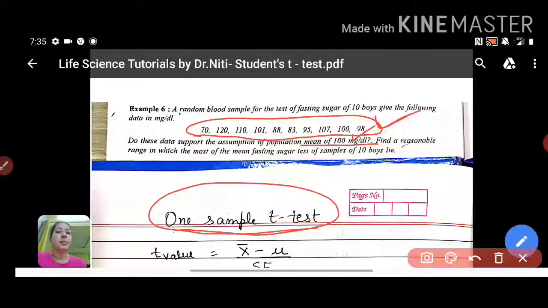Now you also have to find the reasonable range in which most of the mean fasting sugar test of the samples of 10 boys lie. I will tell you this in a while. First we have to determine whether there is a significant difference between the population mean and the sample mean.